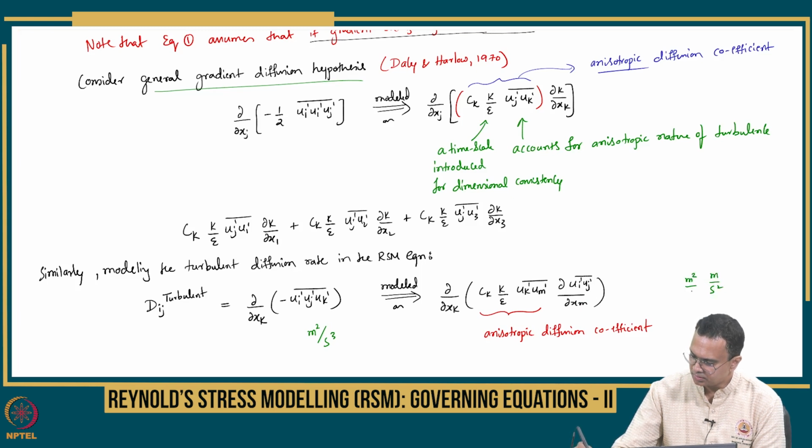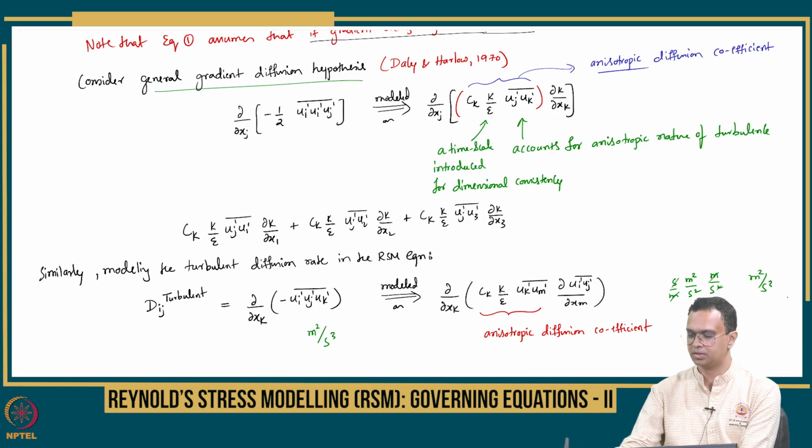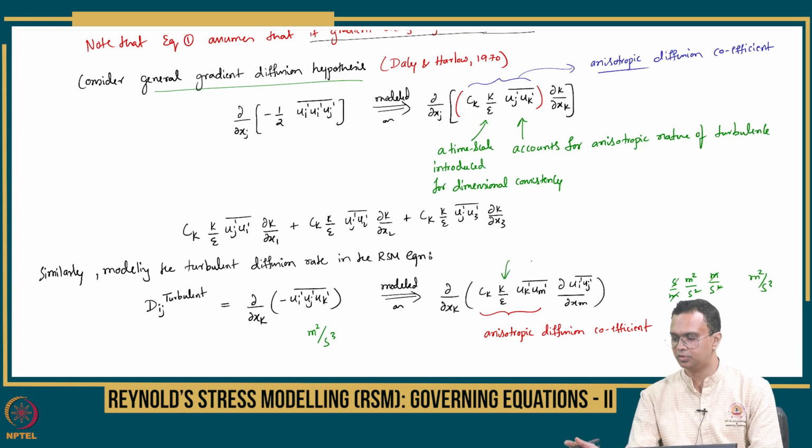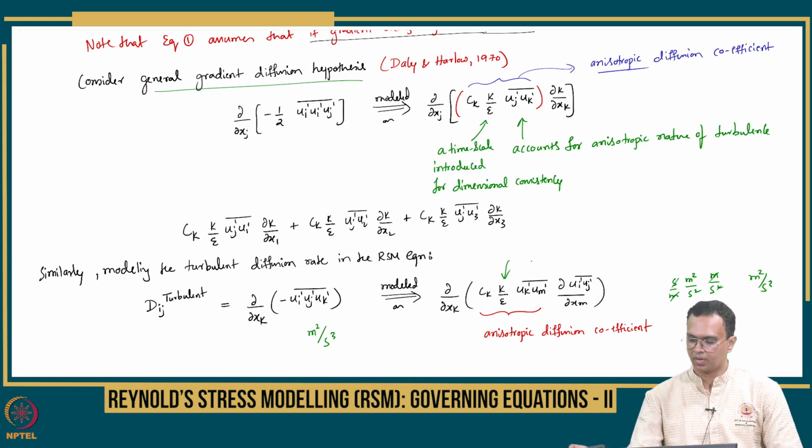This is meter square per second square. K by epsilon is second. So I get meter square per second cube. So it is dimensionally consistent, and this particular K by epsilon is actually introduced to make it dimensionally consistent.